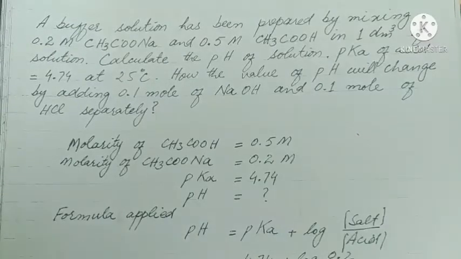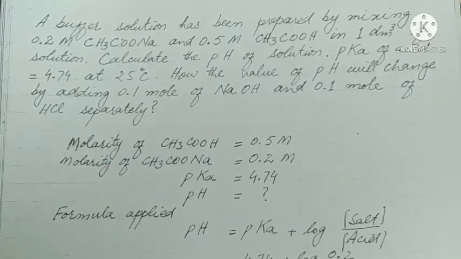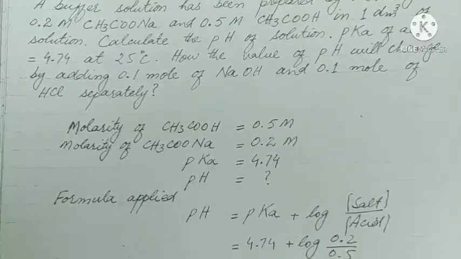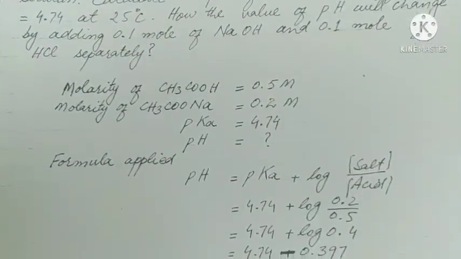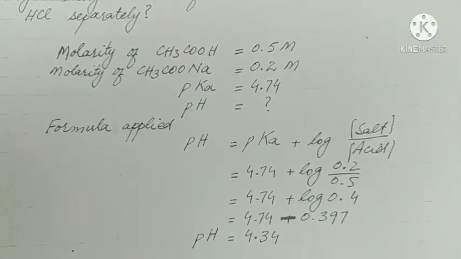So the data given is molarity of acetic acid is 0.5 moles, molarity of sodium acetate 0.2 moles, pKa 4.74, and pH is required. Formula applied is pH is equal to pKa plus log salt over acid. Value of pKa is 4.74.